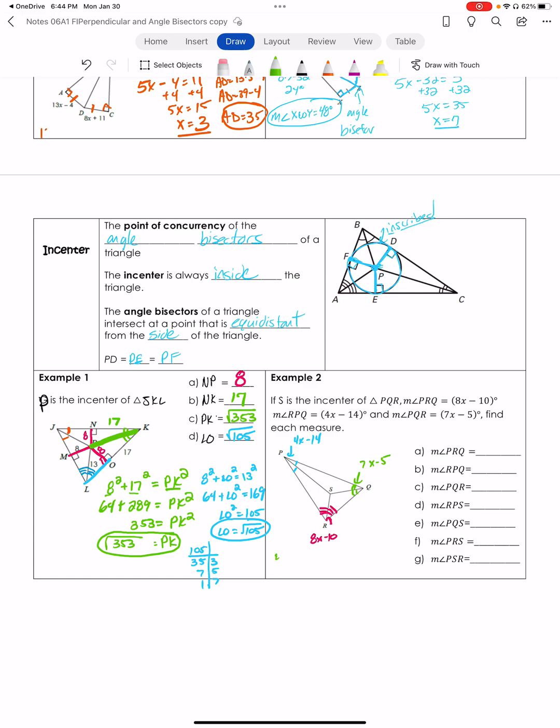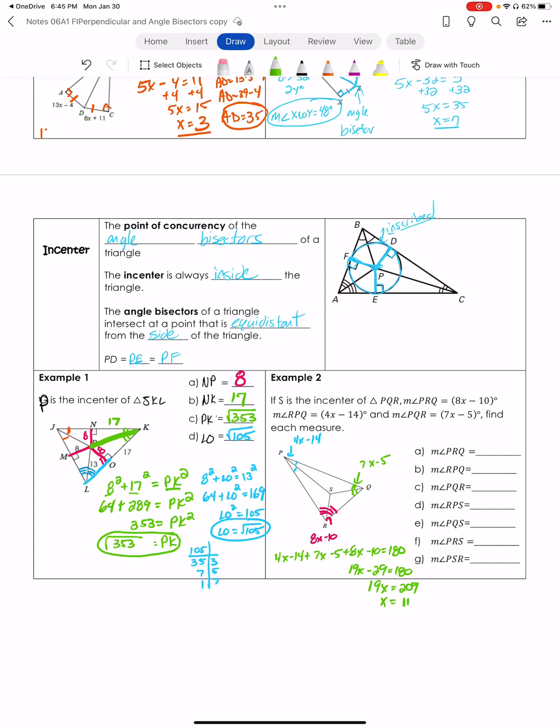And I know that these angles sum to 180, so I have 4x minus 14 plus 7x minus 5 plus 8x minus 10 is equal to 180. So it's 19x minus 29 is equal to 180. 19x is equal to 209. X is equal to 11.